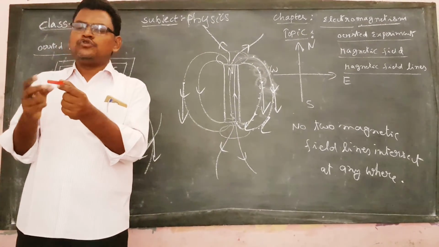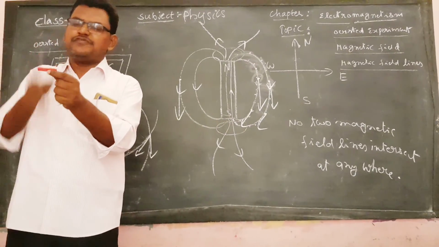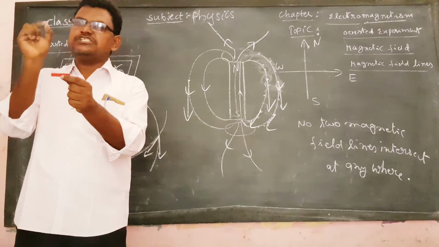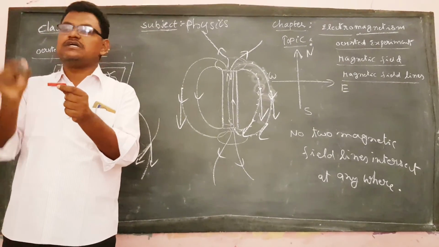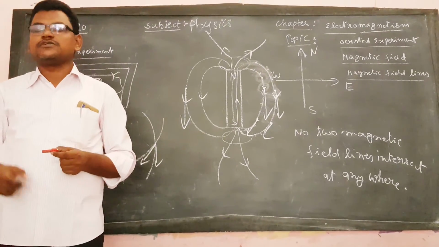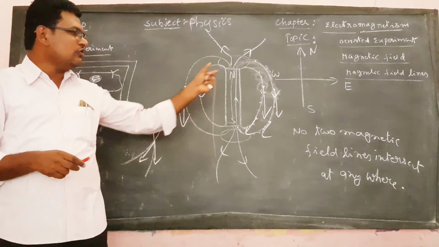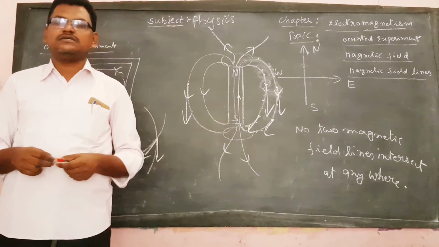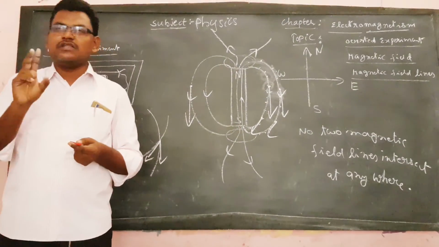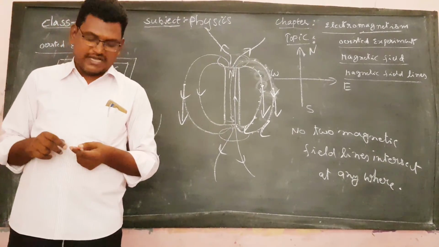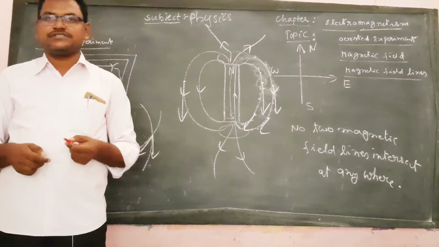If we try to separate the poles of a magnet by cutting it into a number of pieces, each piece again behaves as a separate magnet with two poles. That's because there are no open curves of magnetic field lines, only closed curves. So there are always two poles, and monopoles of a magnet do not exist.